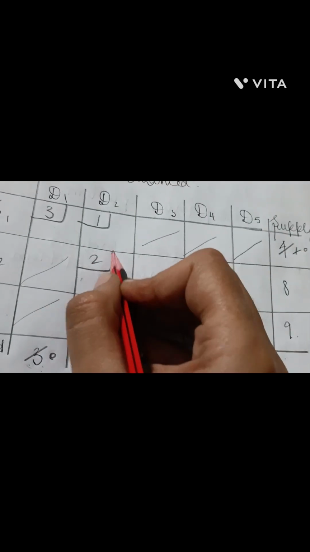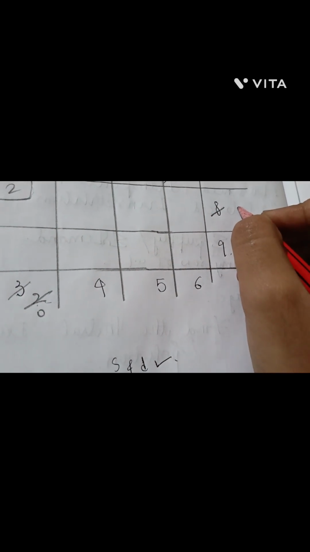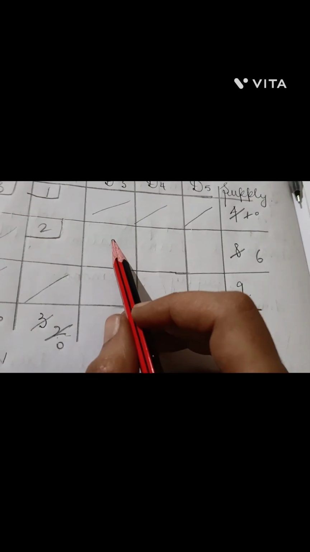The next northwest corner that we have is this. The demand is lesser than the supply, so we allocate 2 over here and here it becomes 6. Since we have got 0 here, we strike out this cell, and the next northwest corner is this one.